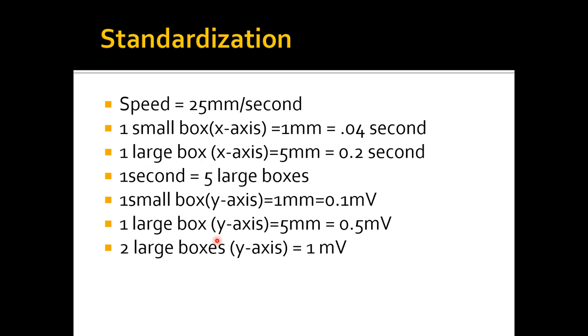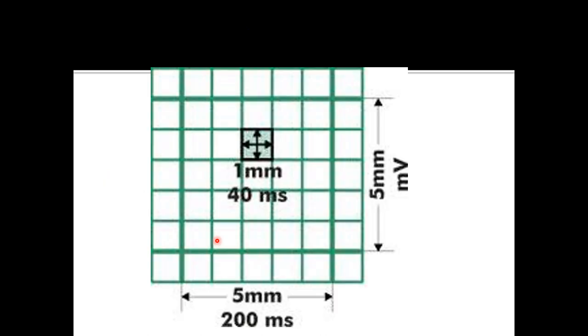So we'll try to understand what is standardization of the ECG. This is a standard ECG, this is the small box, this is the large box. The bold lines are indicating the large box. And this large box consists of 5 small squares along the x-axis and 5 small squares along the y-axis.